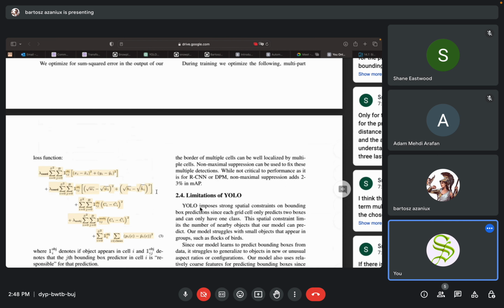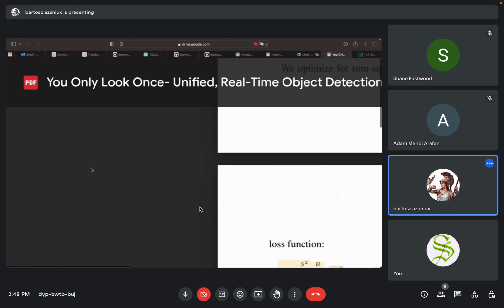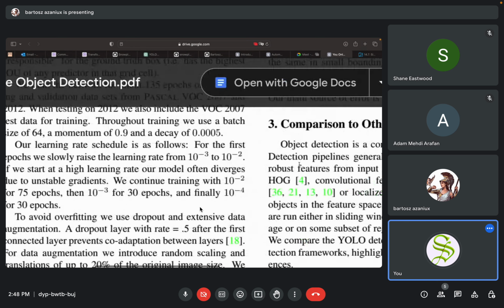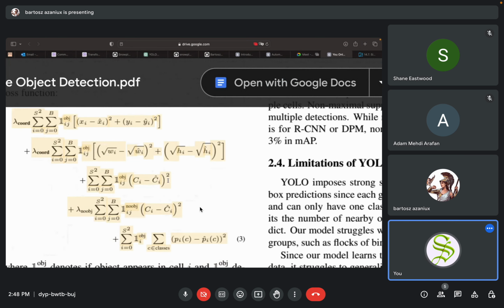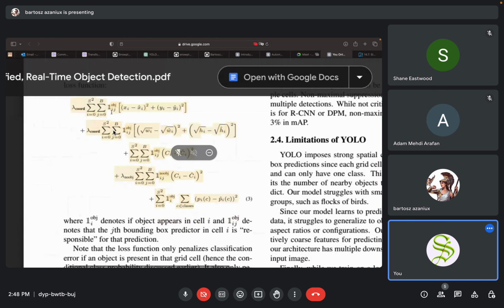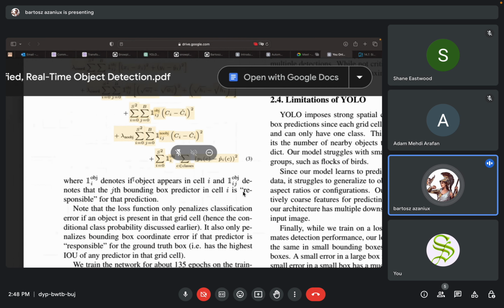It's the 1. Whenever you zoom in and try to highlight it, it freaks out, by the way. So no highlighting, but one OBJ, the leading IJ. They say one denotes if an object appears in cell I and that bounding box, right?